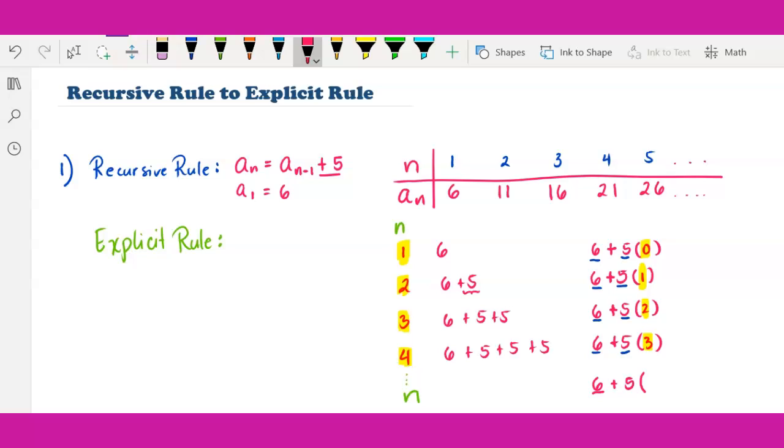If n is equal to 3, we multiply by 2, by 1. It's always 1 less, isn't it? So it's going to be 6 plus 5 times n minus 1. So that's what we mean by an explicit rule. Our explicit rule for this is going to be a sub n, the nth term, is equal to, well, we start with 6.